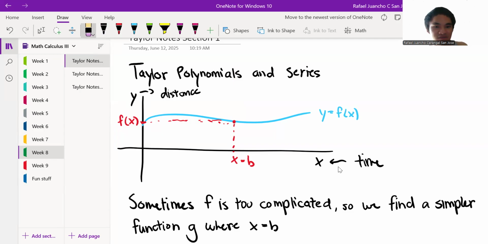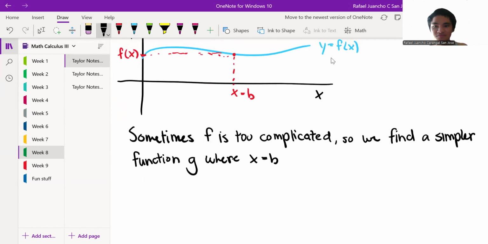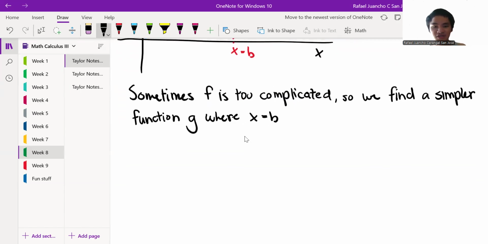Or actually, let's make it a calculus question: the velocity, the speed of the car at this particular point at b. We take the derivative, do all of that, and then we get that. But yeah, sometimes we find f to be too complicated, so we find some simpler function g in order to answer these types of questions.